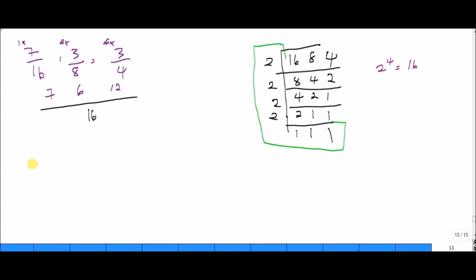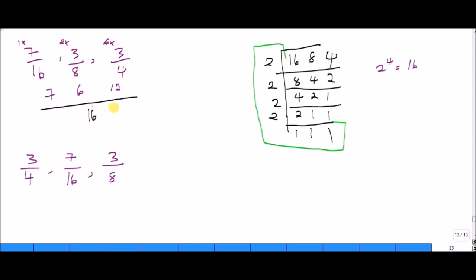Time to order them. So we want descending order, so the largest one should come first. So 3/4 comes first because it has 12 sixteenths. Then 7/16 will come next. And finally 3/8 would come after because its equivalent fraction is 6/16.